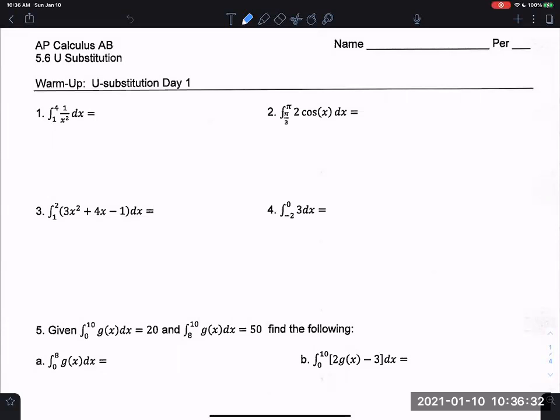When you look at these problems, we don't have a specific product rule for integrals, and we don't have a specific quotient rule for integrals. So there does have to be another way to calculate these problems.